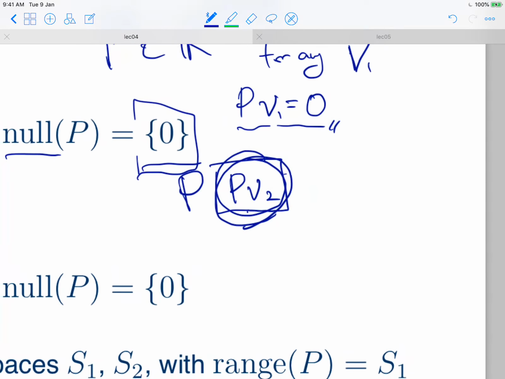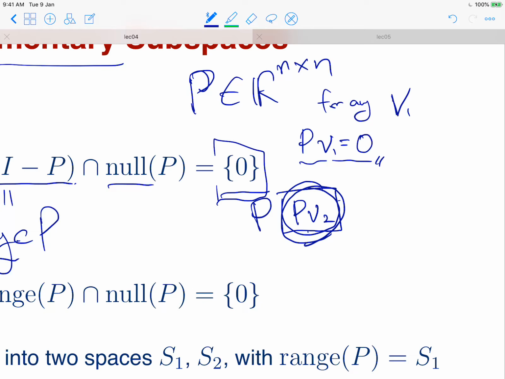So let's prove this. We want to prove that the intersection between the null space and the column space is only the 0 vector. So the vector in a null space should satisfy this, and the vector in the column space should be represented as this, and then this guy should be the same as this guy, because this is our element in the null space and this is our element in the column space.